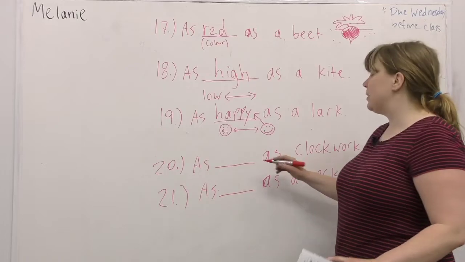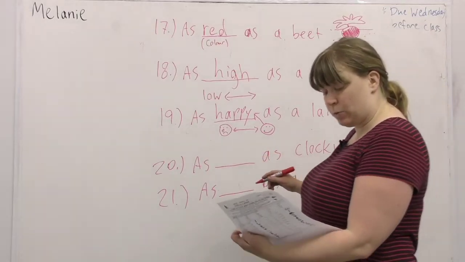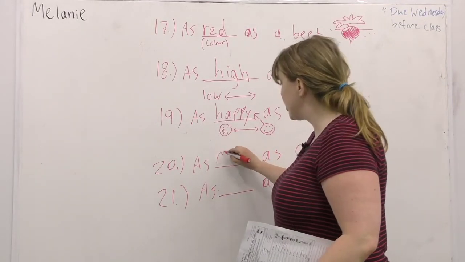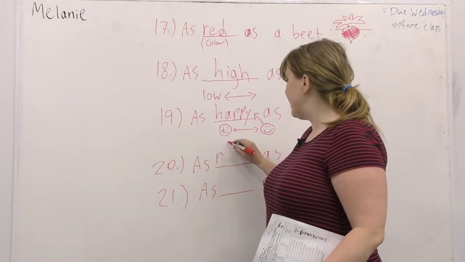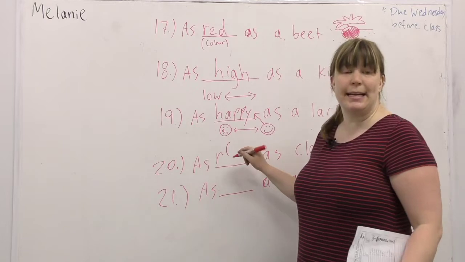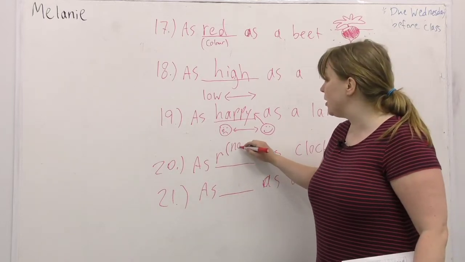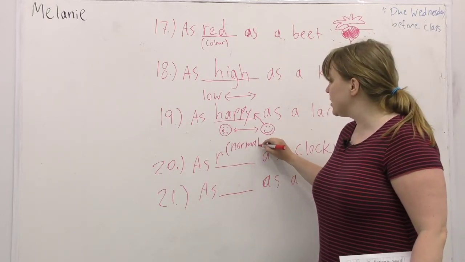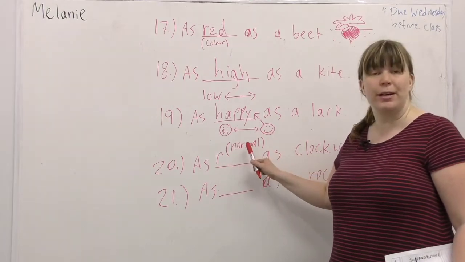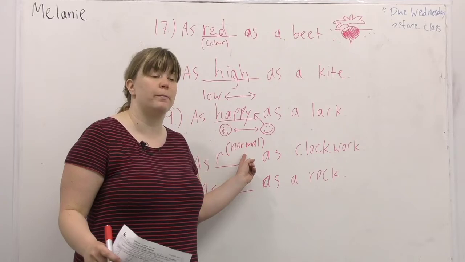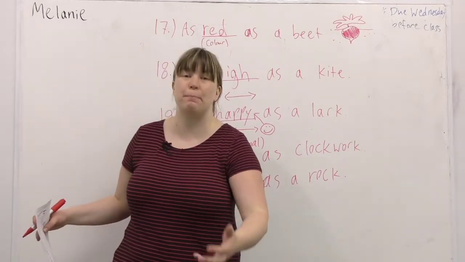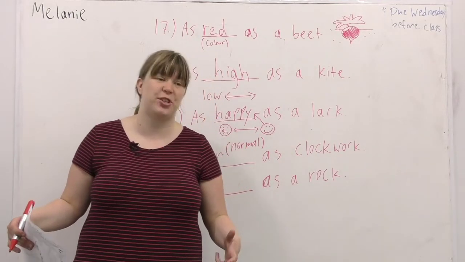Okay, so this one starts with an R, and this word basically means it's similar to normal. So think of another word that is similar to the meaning of normal. It's a flavor of chips you can get at the supermarket, actually.